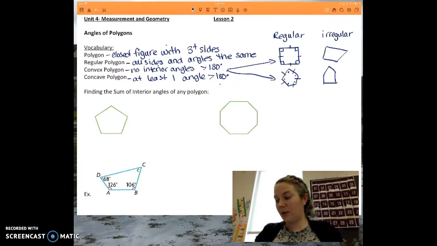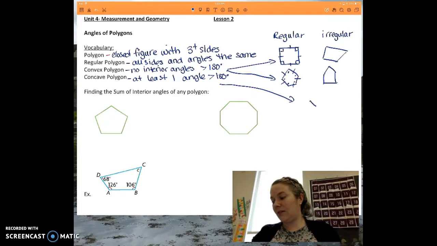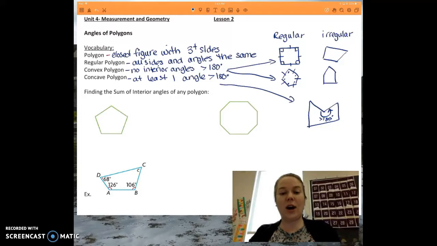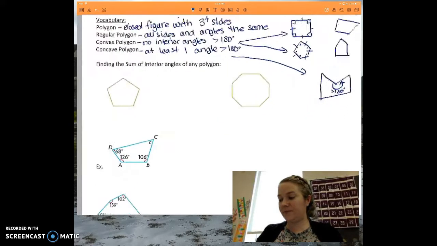So for example, you could have one like this. You see how that one there is greater than 180 degrees? Greater than 180 degrees. That's what makes it a concave polygon. So that's some important vocabulary that we're going to use for the rest of this section of the unit.